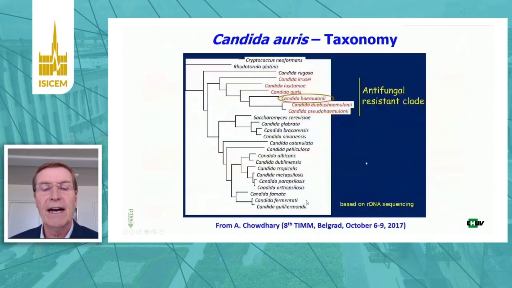And why is that? This is shown on this slide: it's closely related to the other Candida species, in particular Candida haemulonii. And please note, and we're going to address that later, that it's also a resistant clade in terms of Candida species.